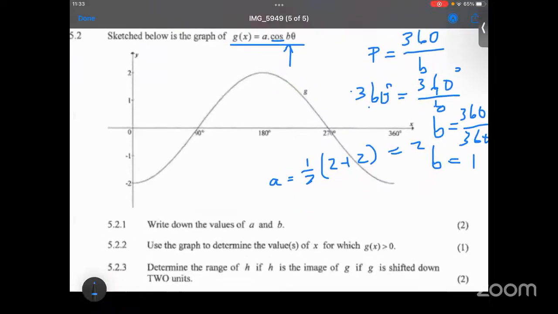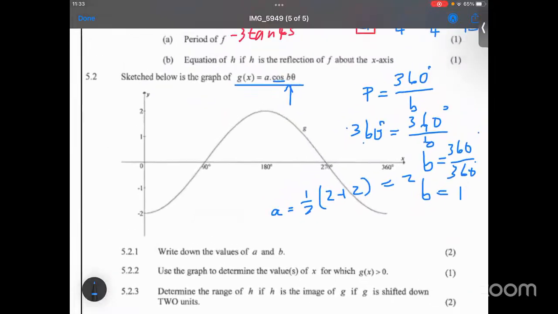Yes, okay. Then now they want you to use the graph to determine the values of x for which g of x is above 0. It's like they want to know between which x values we have that graph of g above 0.